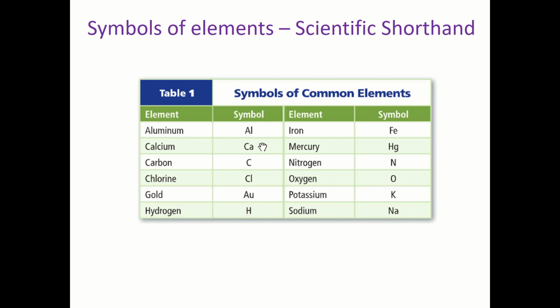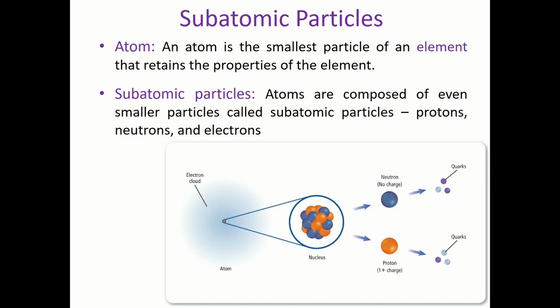Because if I see the first letter capital and the second letter small, that means it's an element. But if I see capital and capital, it means it's a compound. If you check this table, you will notice that all the time the first letter is capital and the second letter is small, which means it's an element. But if you see CO or H2O, all capital, that means it's a compound. So please be careful about this.